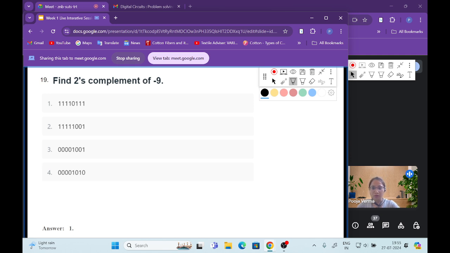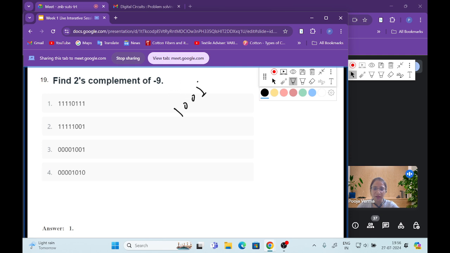Okay. So now the next question is: find the 2's complement of -9. Can anyone tell me what is the binary representation of -9 or 9? First we need to find the binary representation of 9. So it is 1 0 0 1, right? 8, 4, 2, 1.